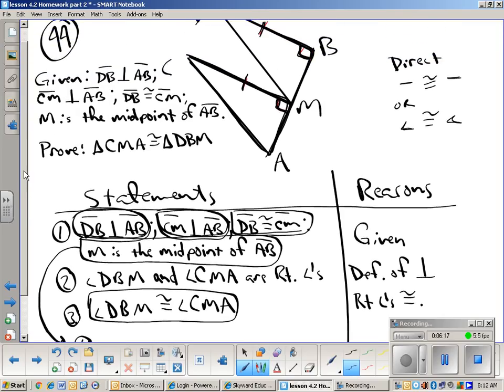If M, this point right here, is the midpoint of this segment, what does that mean? It's in the middle. More precisely, it's exactly in the middle, cutting it into two equal pieces, right? And so if this cuts into two equal pieces, then what statement can I say about this now? Segment AM is congruent to segment MB.